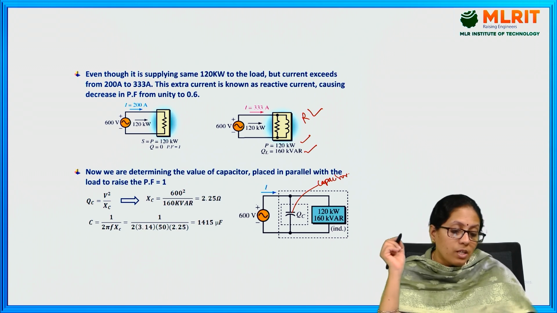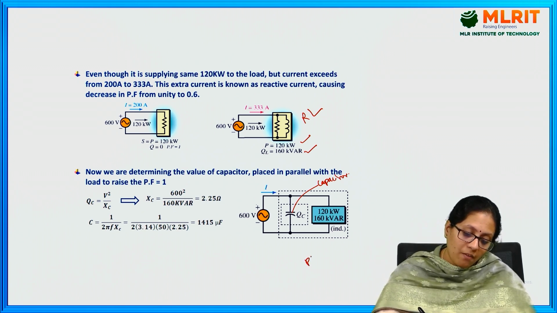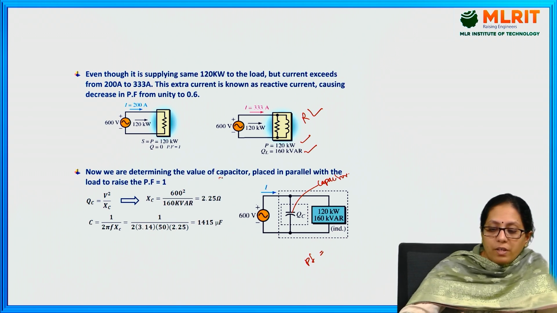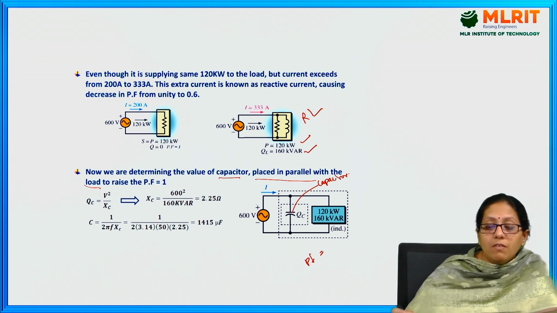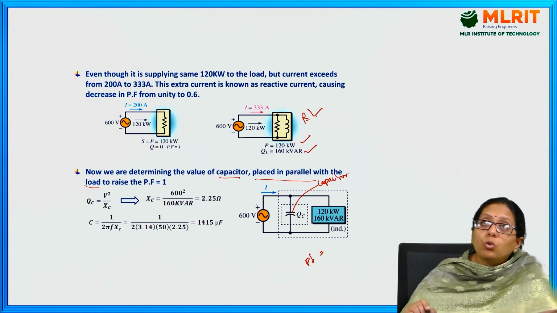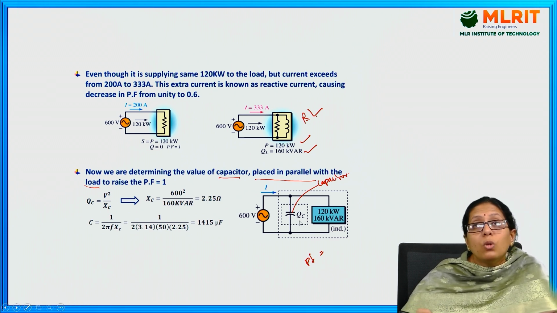So here also the power factor will not be equal to 1. So now you are understanding the value of capacitor which is being placed in parallel with the load. Previously only R and L were connected in parallel. Now to this a capacitor is also connected in parallel to the load in order to reduce the reactive power.